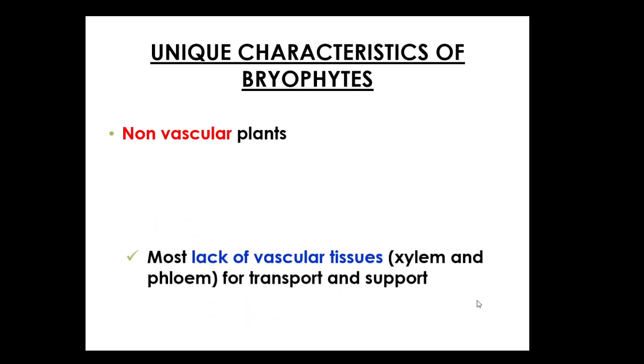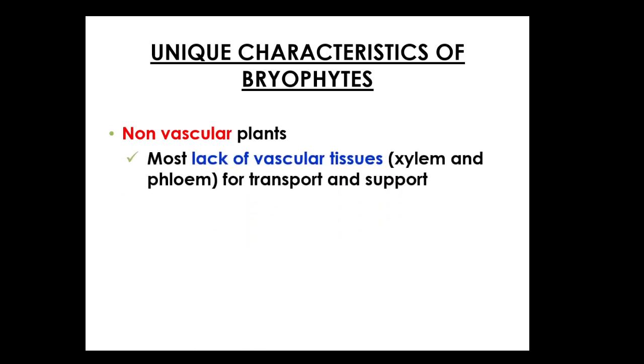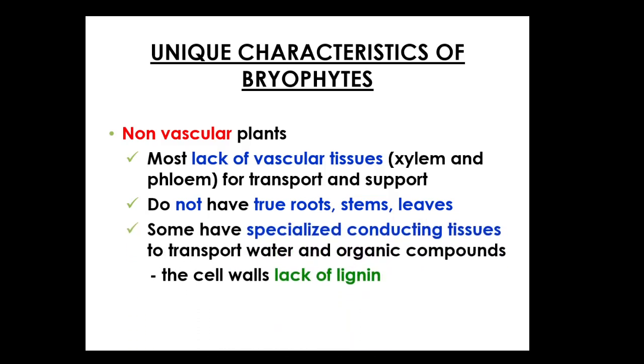These bryophytes are non-vascular plants. That means they lack vascular tissues, which are xylem and phloem, for transport and also support. And they do not have true roots, stems, or leaves. Some of them have specialized conducting tissues to transport water and organic compounds, but the cell walls of these specialized conducting tissues lack lignin.